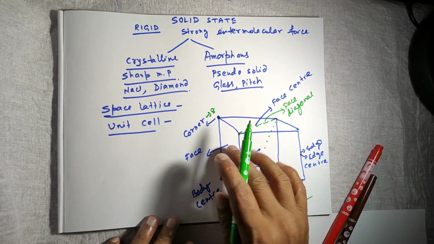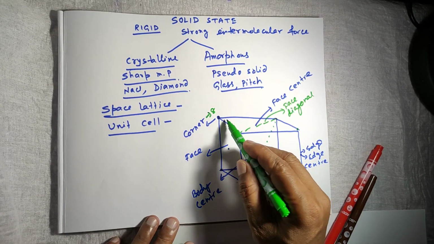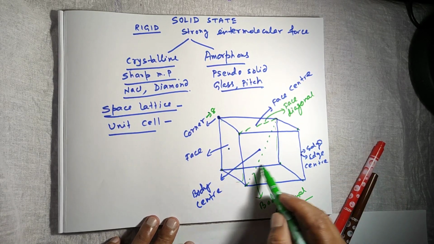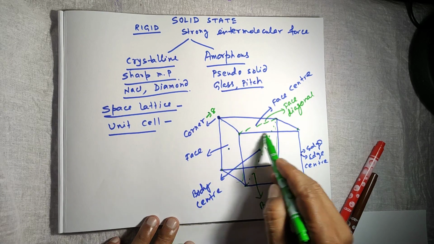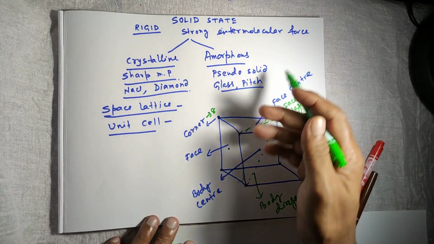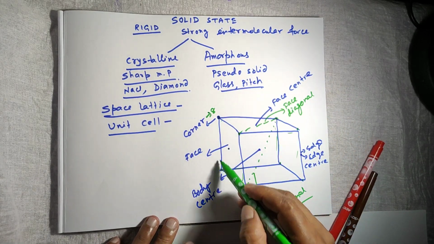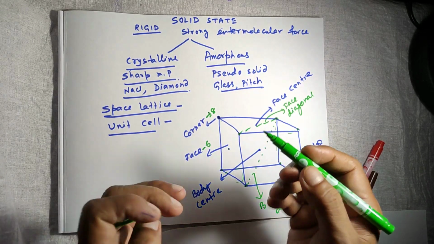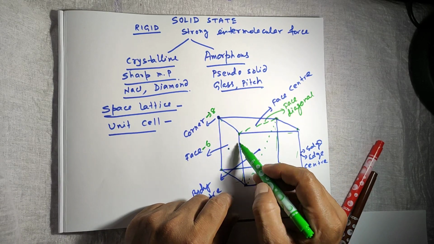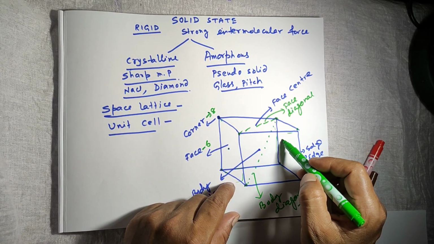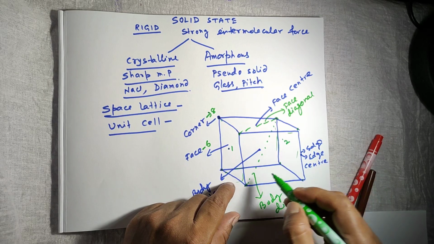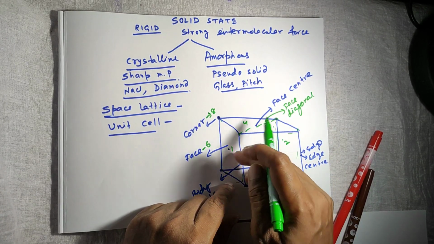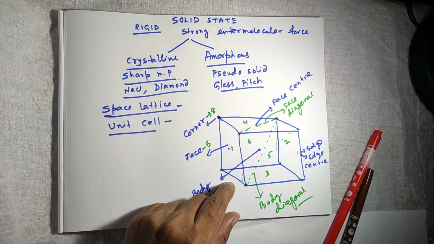Number of faces: this one, this one, this one 2, this one 3, and this one 4, and the front one 5, and the back side one 6.